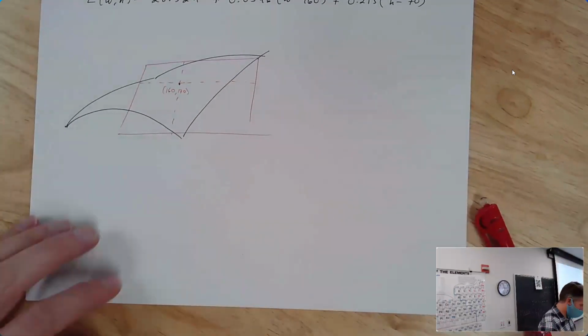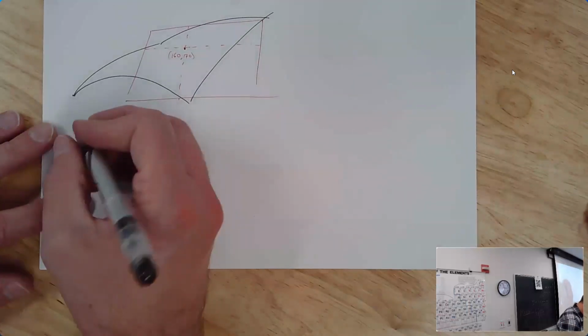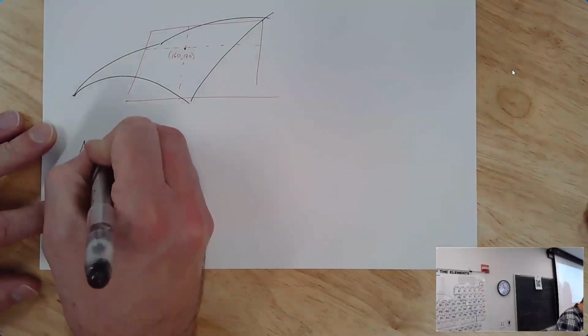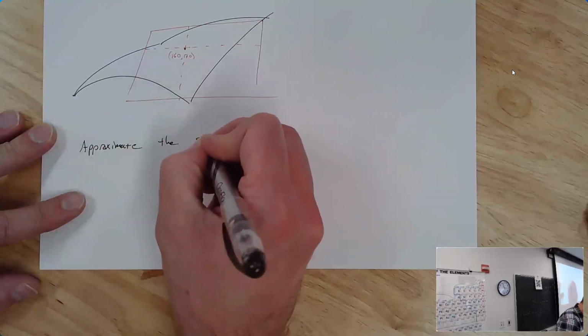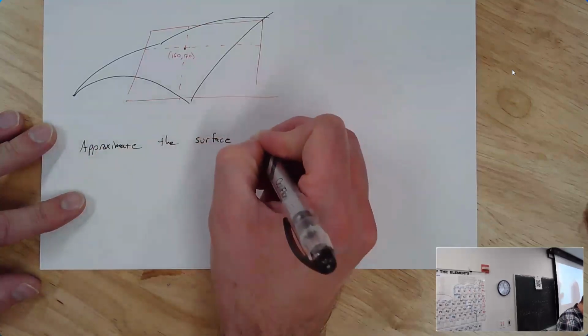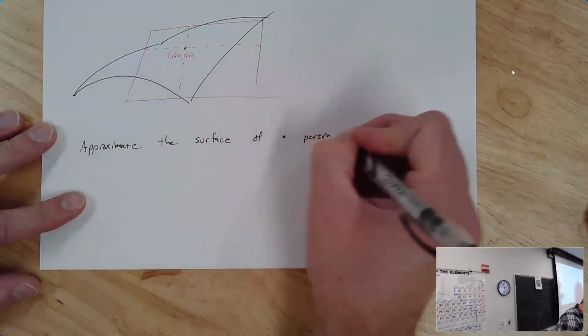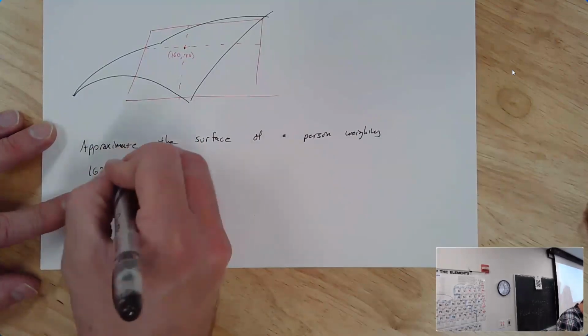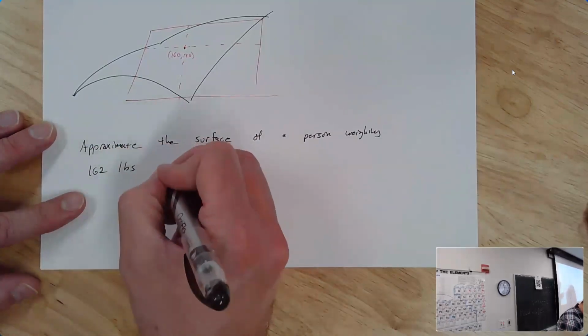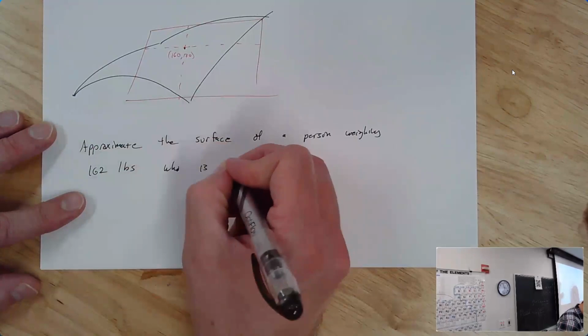So we want to approximate the surface area of a person weighing 162 pounds, who is 73 inches tall.